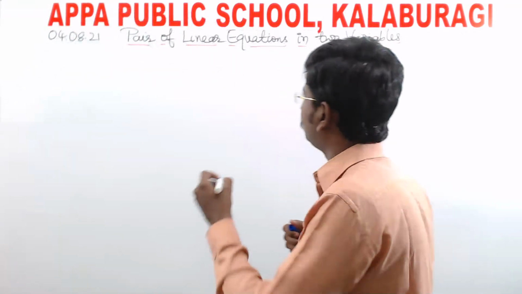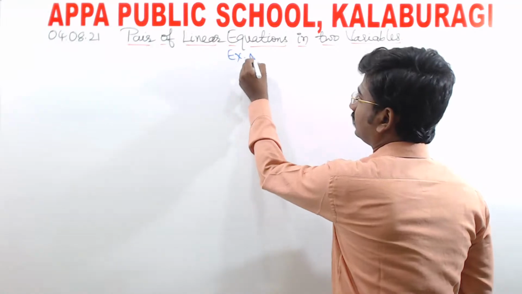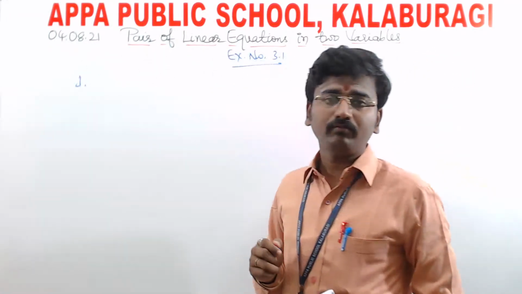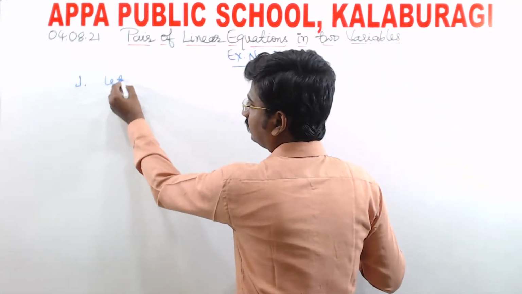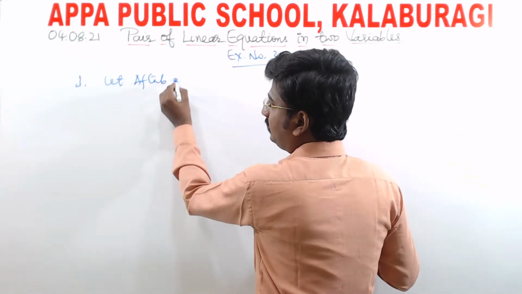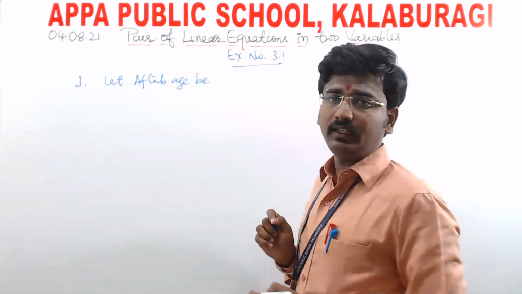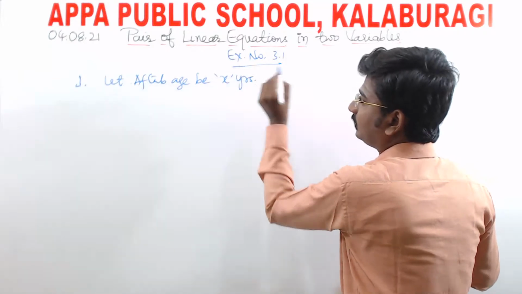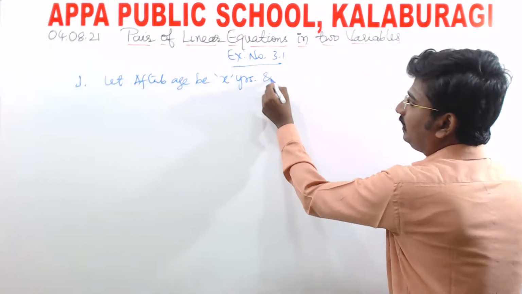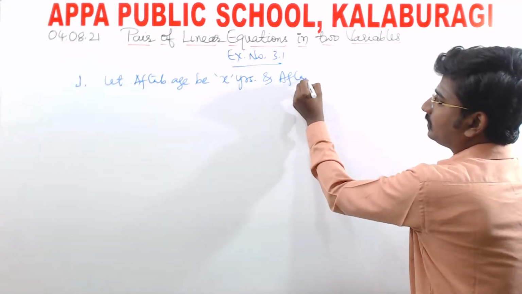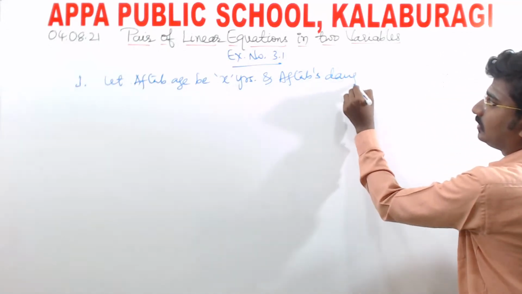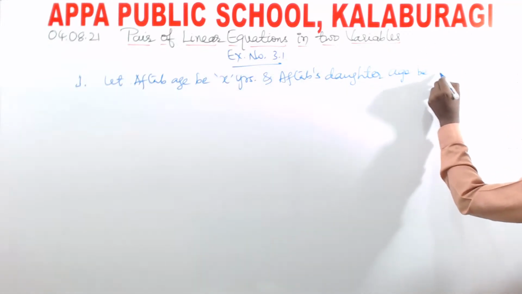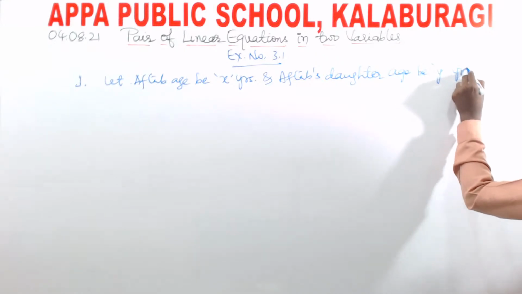So coming to the first solution, exercise number 3.1, first problem. Let Aftab's age be x years, and Aftab's daughter's age be y years.